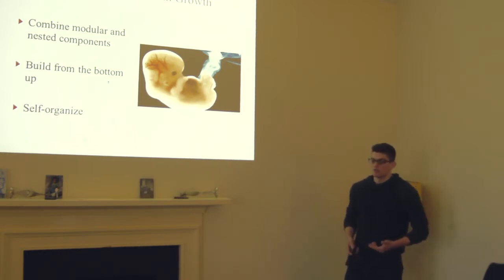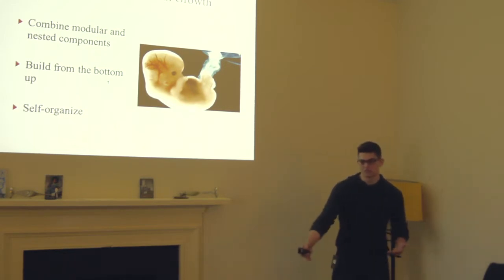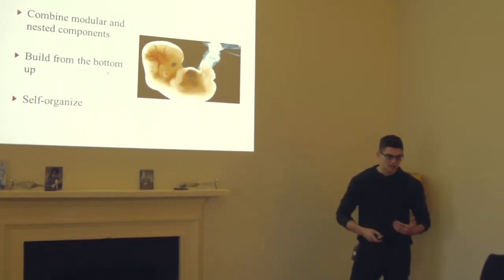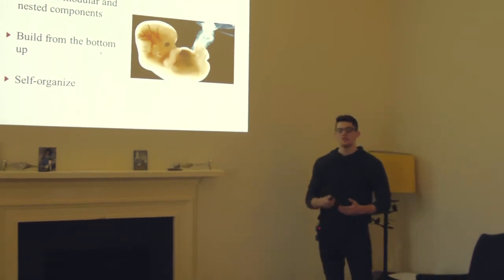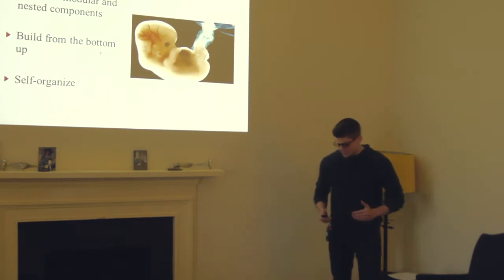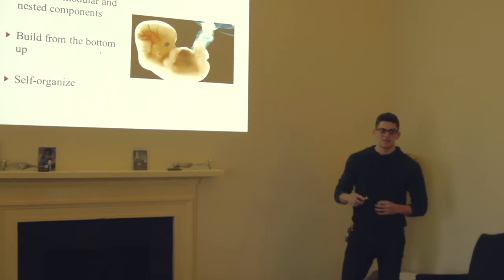Building from the bottom up, when a tree needs leaves, it doesn't roll out a sheet of leaf material and cut out its leaves and have them go on the tree from there. It grows them cell by cell. That's a really, really simple idea, but if you think about how we do everything in manufacturing, we do it wrong. We need to change our perspective and go from small steps to a big goal and see where those steps can take us, and not just start with the big goal and figure out how to get there.